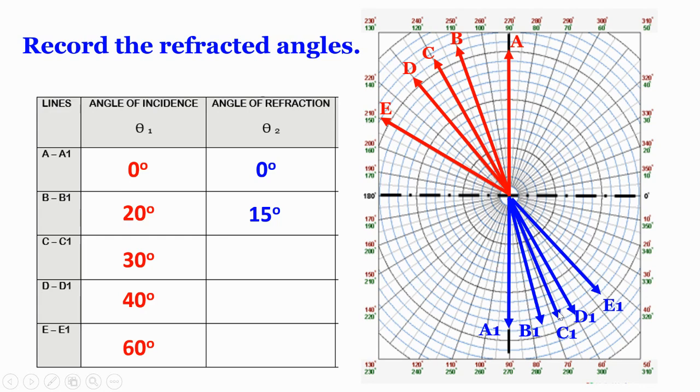C is making 30 degrees, 22 degrees actually, because C is right here at 30, 10, 20, 30. But the correspondent on the other side is making 22 degrees with the normal. As you see, each line is refracting. Now we have 40 degrees. This one is 40 degrees, and it is making 30 degrees on the other side. So 10, 20, 30. The one that is at 60 degrees will be at 45 degrees with the normal.